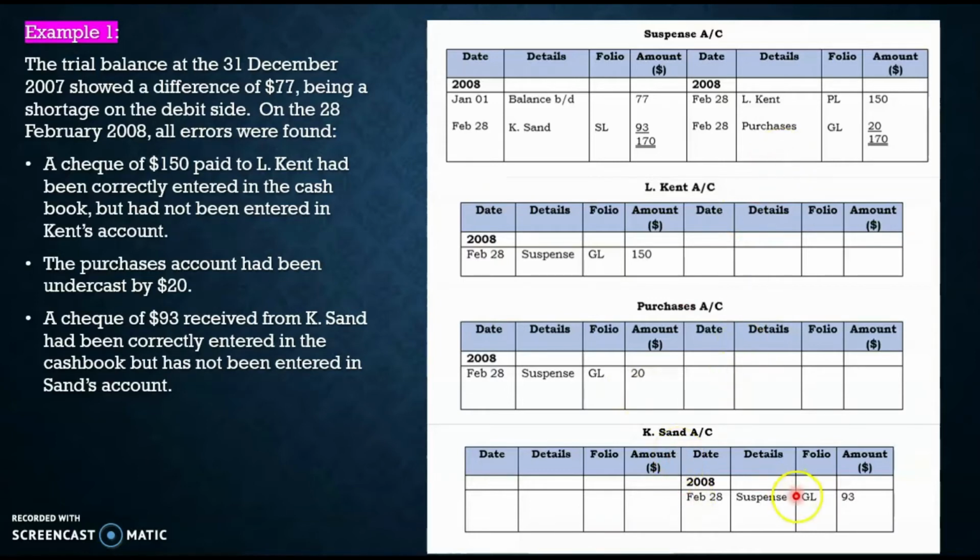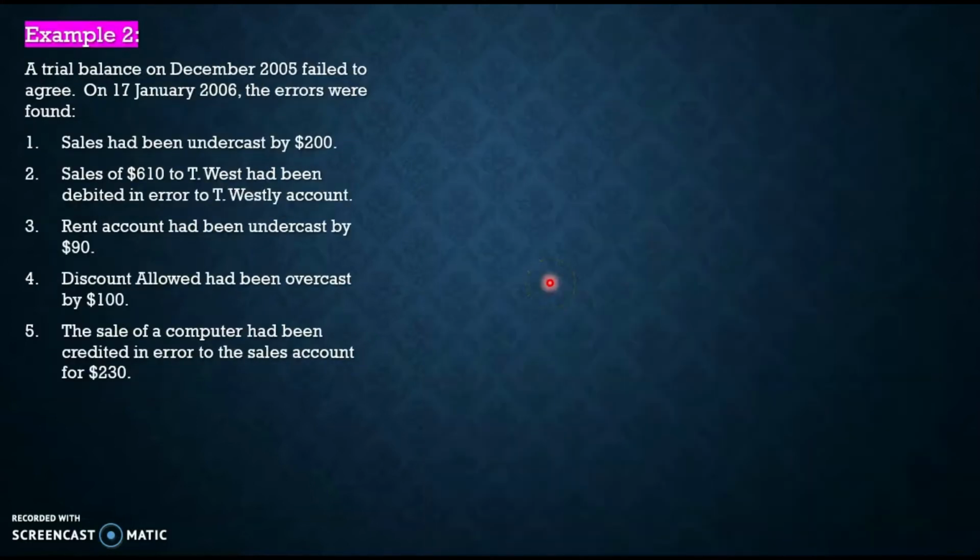K-Sans, we credit it to show that we received payment, and then we debit the suspense account with that amount. At the end of the day, both sides, or debit and our credit side, will amount to the same. So we go ahead and double underline, and we're finished with the suspense account, and the trial balance will be revised. Let's look at another example.